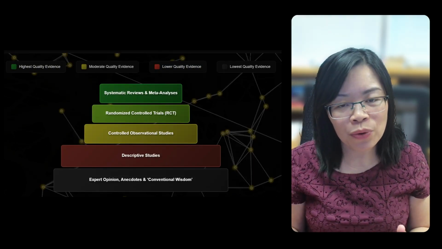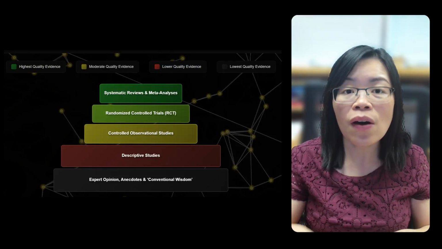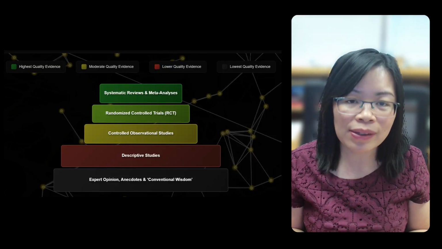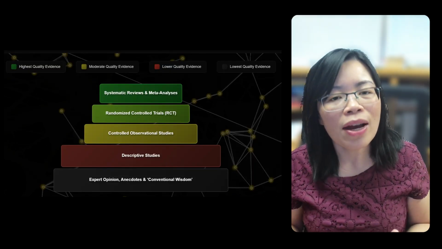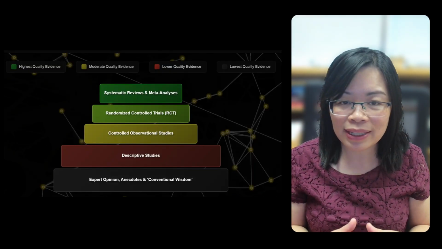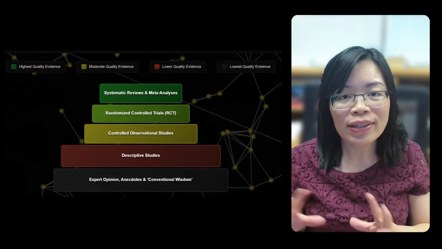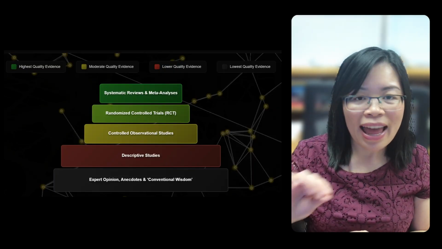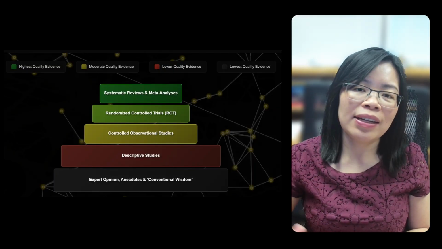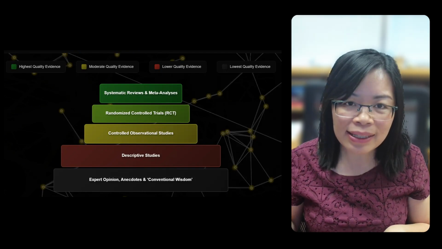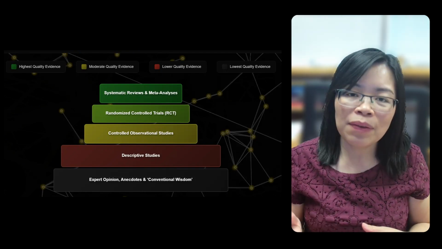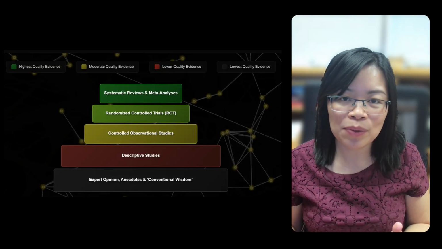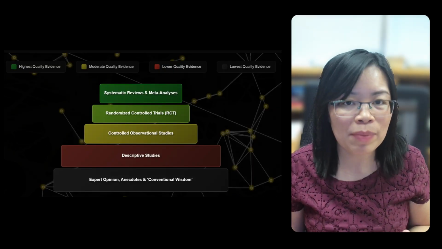It's important to point out that this classical hierarchy carries assumptions that deserve scrutiny. One assumption is that methodological rigor for internal validity is important. Therefore, RCTs are near the top. Another assumption is that evidence that demonstrates causality in a controlled experiment is more useful than evidence that merely observes correlation or describes the context.